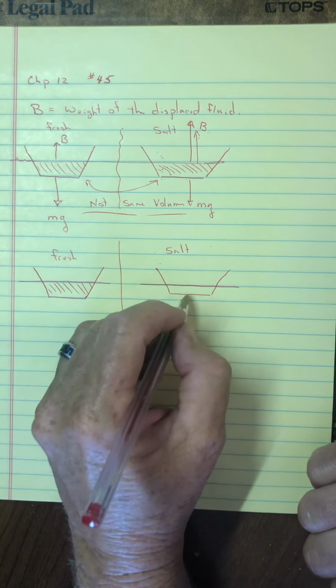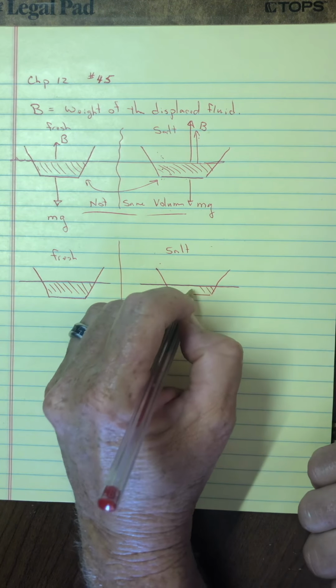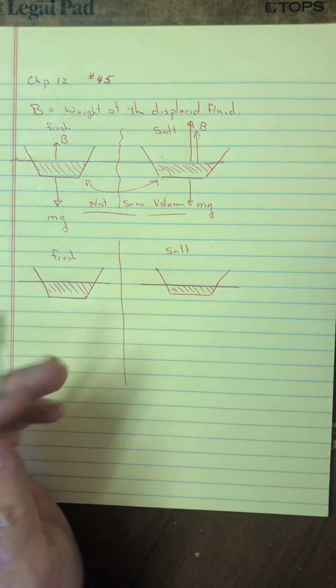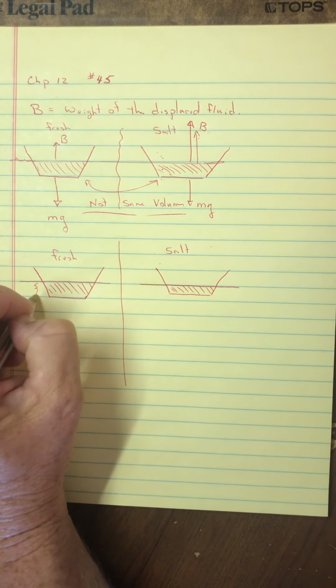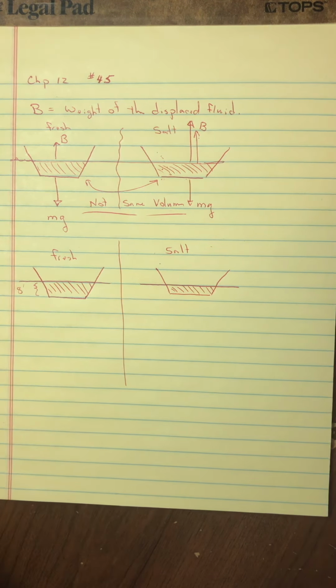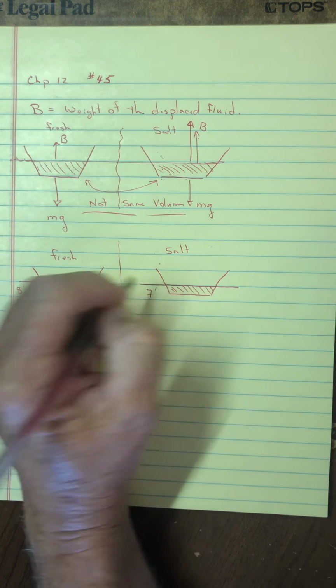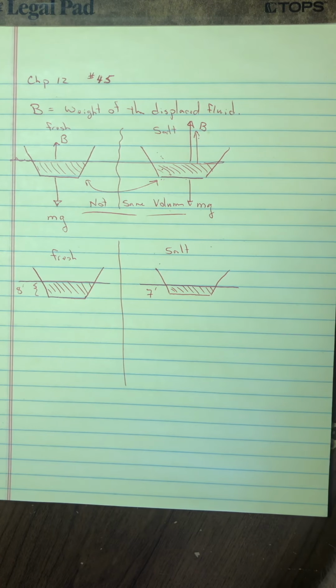What we would say is the ship would sink less. I think they call this the draft of the ship, and so it wouldn't go as far underwater. So maybe in a freshwater lake you have a draft of 8 feet, but then you get into saltwater and you have a draft of 7 feet.